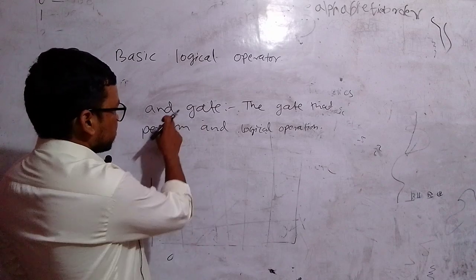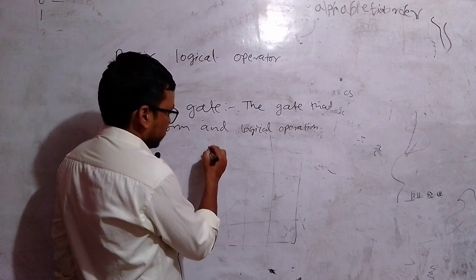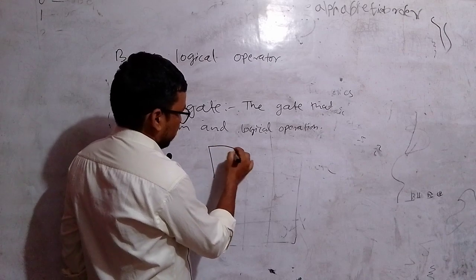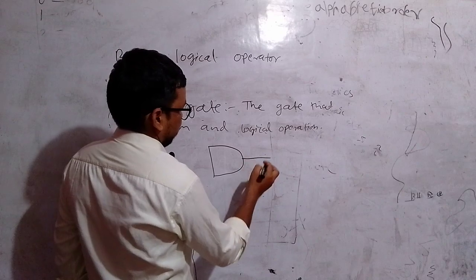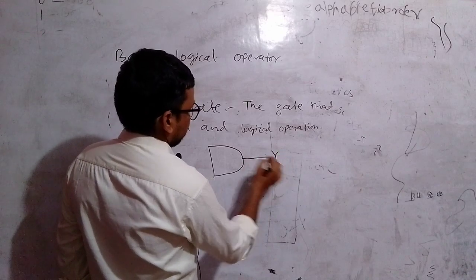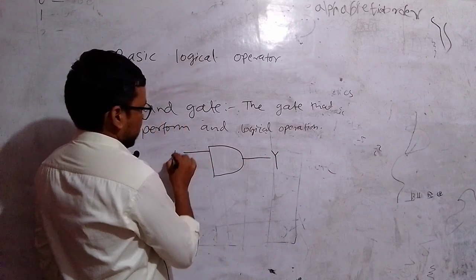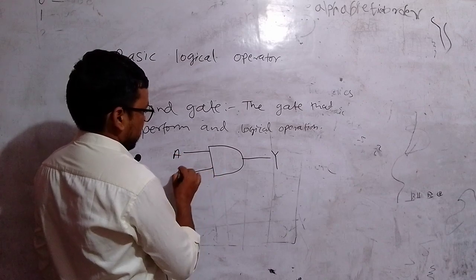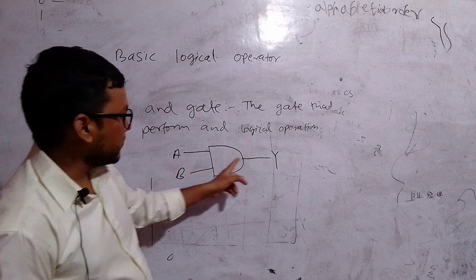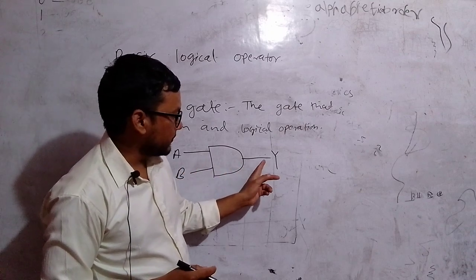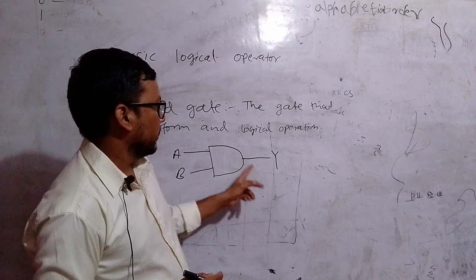Now, its circuit diagram. What will be the circuit diagram? We will draw it in this way. Suppose Y is the output, and A, B are the inputs. These two lines are the two input lines, and this side represents the one output line.